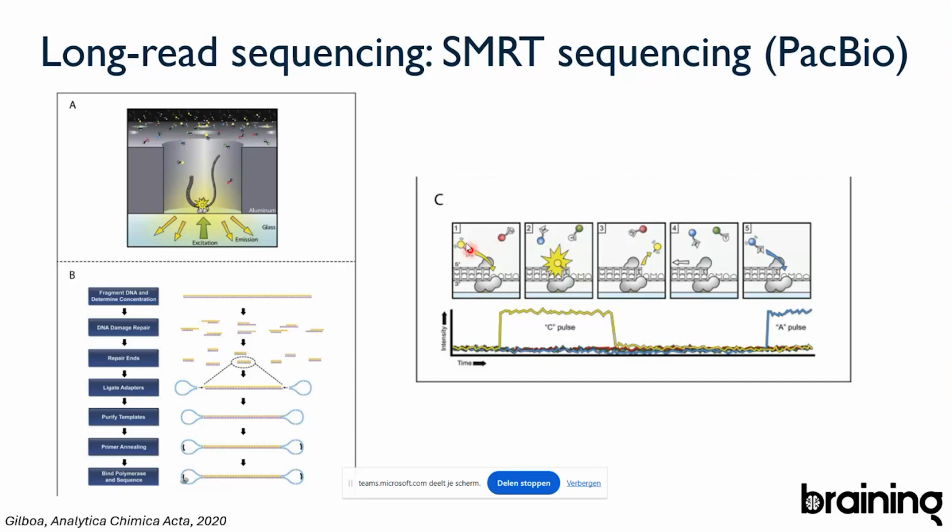You can see that here. There is a cytosine that's incorporated. It is excited by the laser. The emitted light is red. The fluorescent label is discarded, and the cycle can start again. So you have a C pulse, an A pulse, and so on. Based on the fluorescence, you get the sequence of your molecule, right?